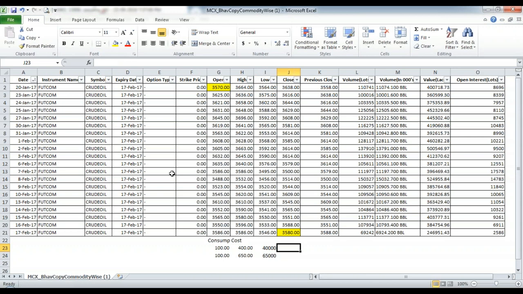So that is where these futures contracts are used. They know that they are going to consume this many barrels or liters, or whatever quantity of fuel. They are anyways going to use it.